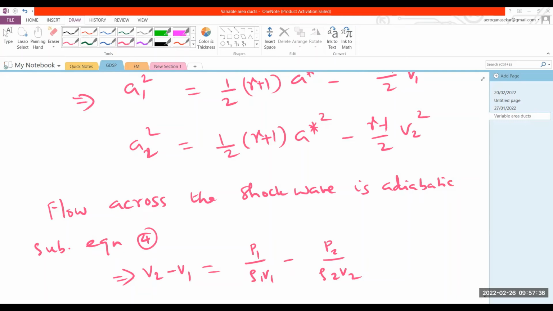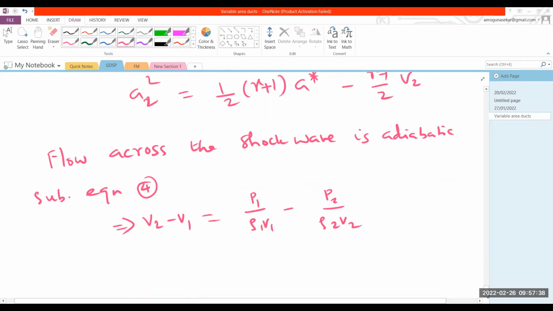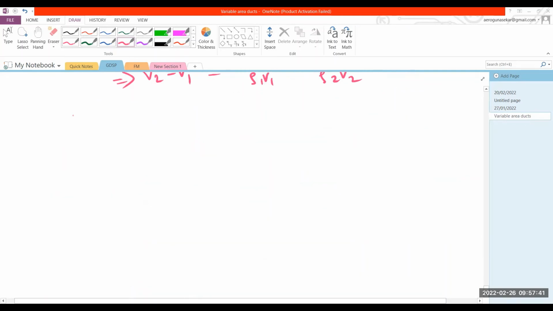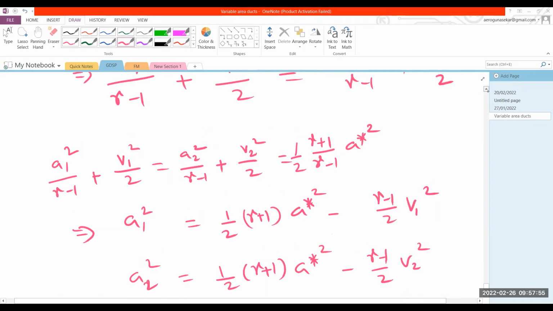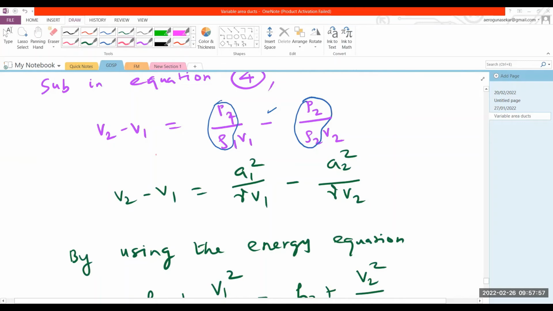We have simplified this earlier itself, and we got a modified relationship. You can see that relationship: v2 minus v1 equal to a1 square by gamma v1 minus a2 square by gamma v2. This relationship we can use here.